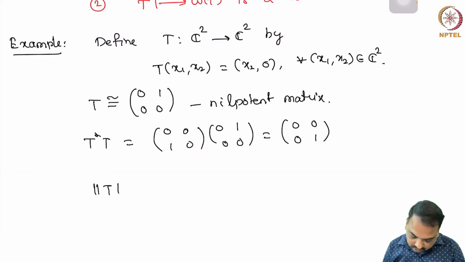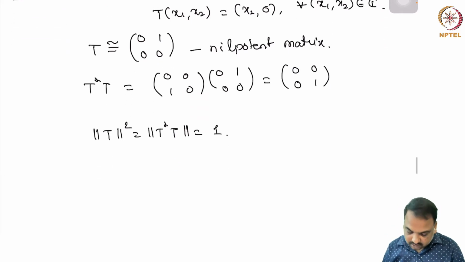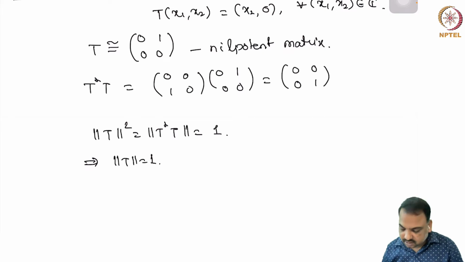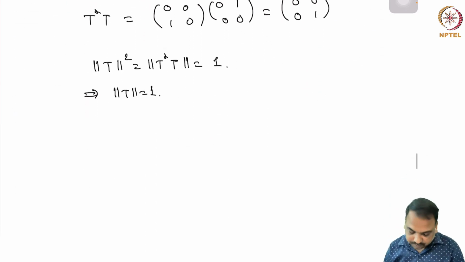Hence norm of T squared is norm of T star T, and you know that for a diagonal matrix, the norm of the operator is the supremum of the modulus of the diagonal entries. Here it is 1. So we can say that norm of T is 1, and we show that the numerical radius is less than or equal to 1/2.